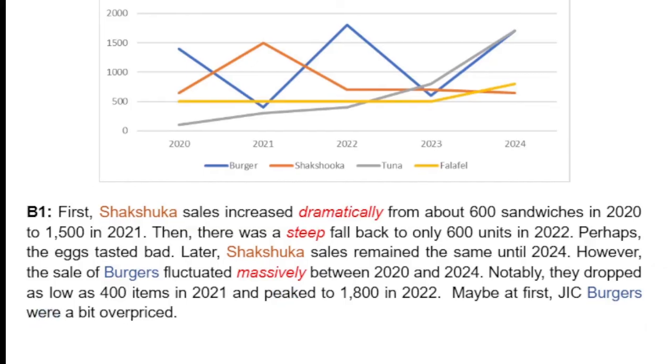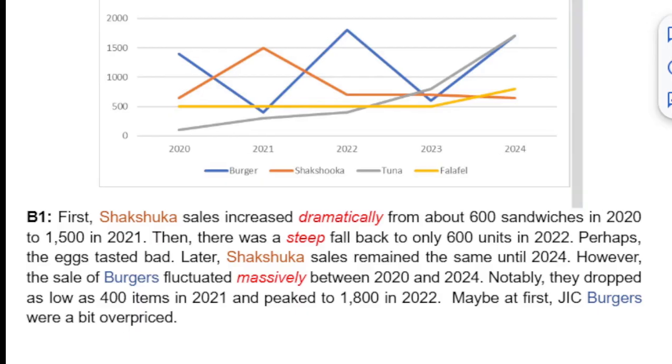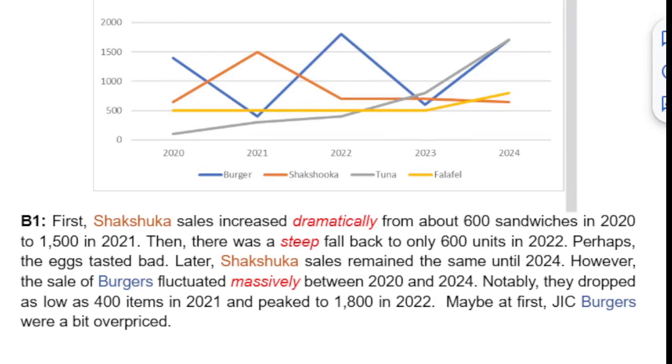It's never past continuous. Do not use the present perfect or the past continuous, just the simple past. And I focused only on 2 of the items in the chart, speaking about the ups, the increases, and the decreases. Now let's talk about falafel sales and tuna sales in the second body paragraph.